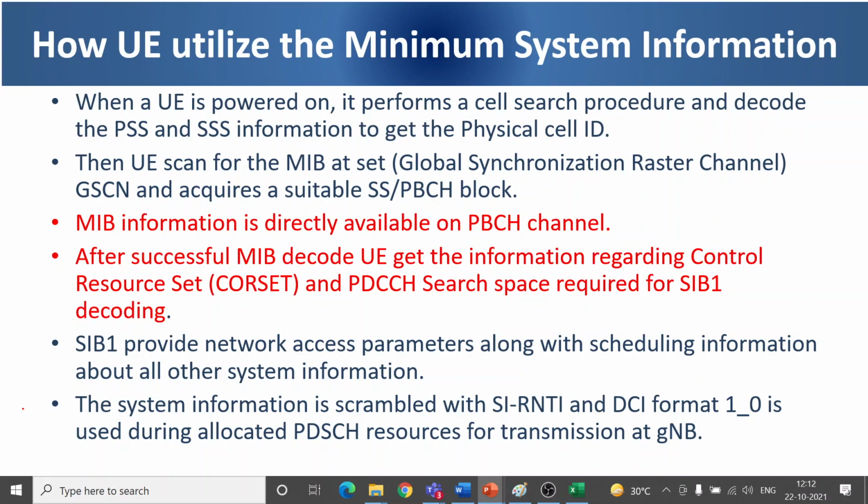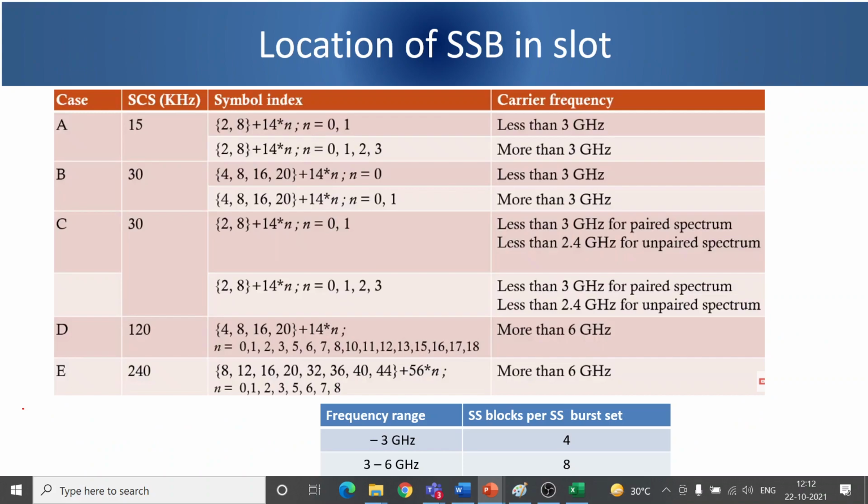There it gets that information, decodes the MIB, and gets information about other control resources, where those are located, what their subcarrier spacing is, etc. Then it interacts with the system and is able to synchronize itself with the downlink, right?